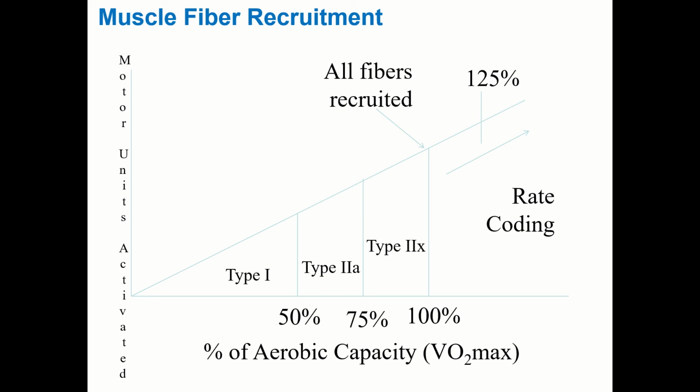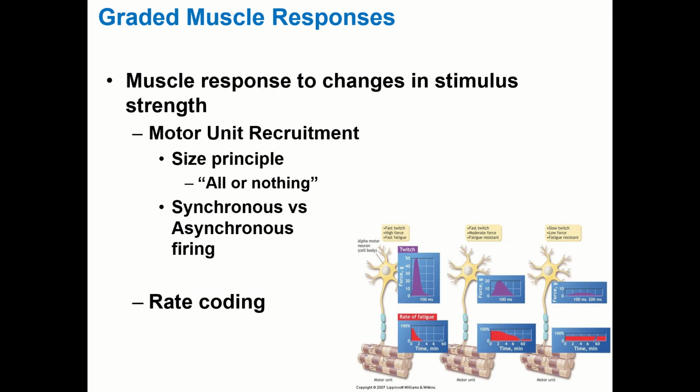Your really elite power and sprint athletes do both of these things at the same time. So if you've got somebody that is, let's say, an Olympic weightlifter, and they're trying to lift 500 pounds overhead, or let's go with they're trying to clean 500 pounds. Because of their training, they're going to be really good at synchronous firing.